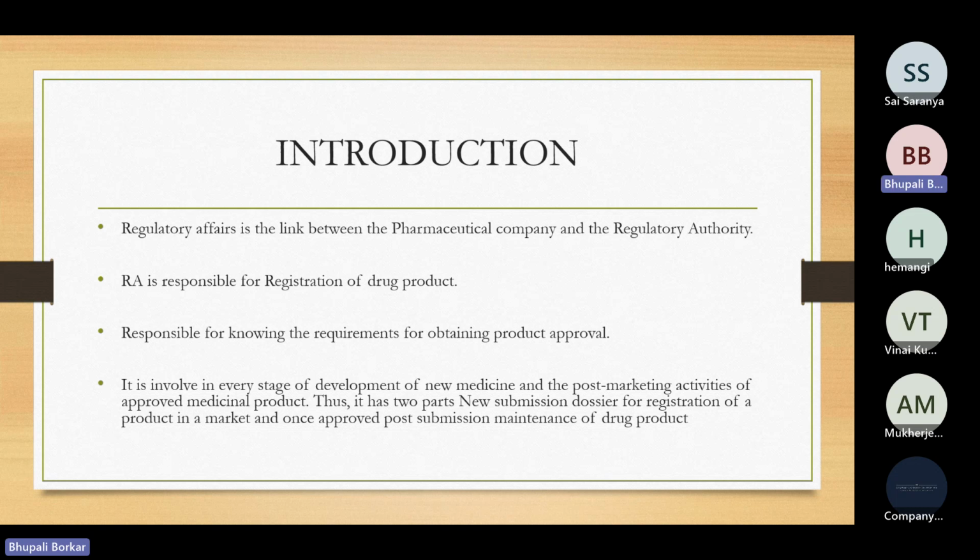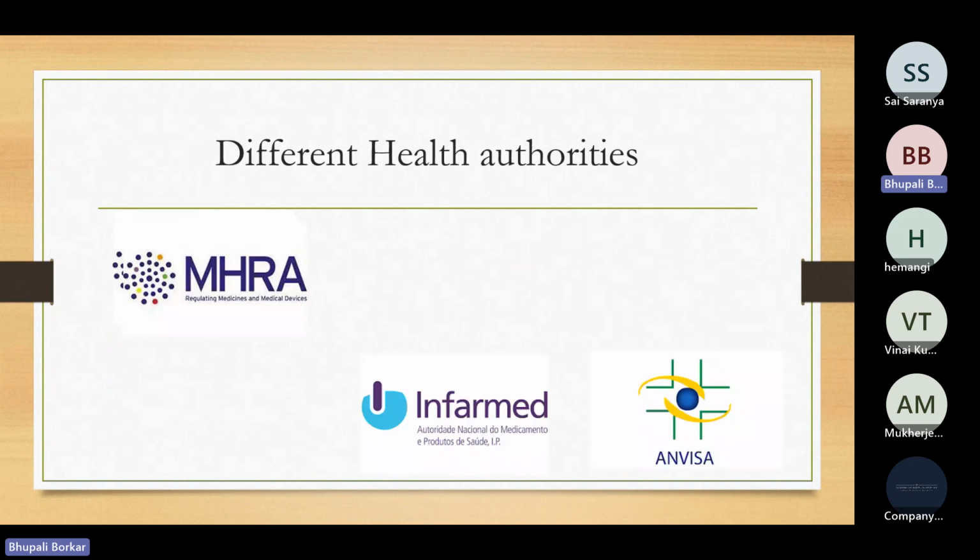We first prepare a dossier, which is a file where all the documents related to a particular product are present, and we submit it to regulatory authorities. Once it gets approved, whatever activities take place after the approval are called post-approval activities, and RA also plays a role in post-approval activities to maintain the life cycle of a particular product.